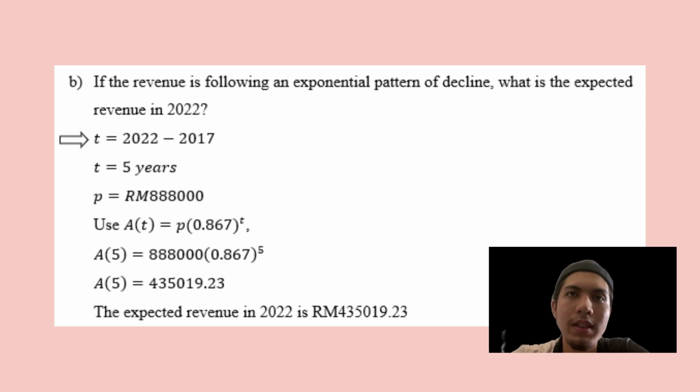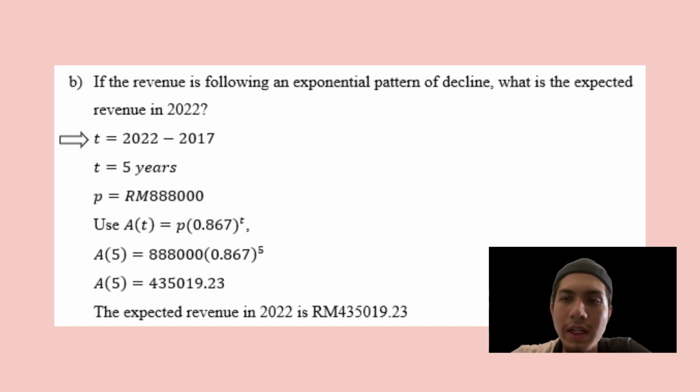For question B, if the revenue follows an exponential pattern of decline, what is the expected revenue in 2022? t is 5 years, which is 2022 minus 2017, and P is 888,000 ringgit.